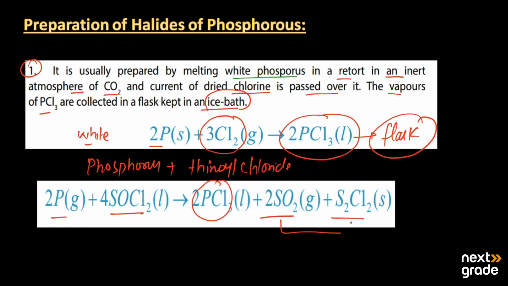These two are the side products: the sulfur dioxide is removed in the form of a gas, S2Cl2 is separated out as a solid, and the phosphorus trichloride that we obtain is in the liquid state, so we can easily remove it from the mixture. This was the second method for the preparation of the halides of phosphorus.